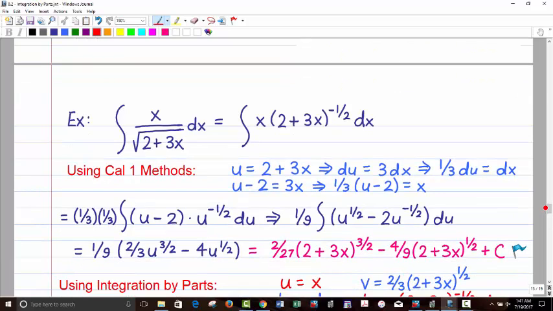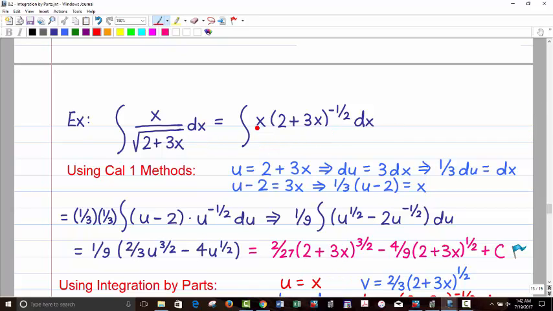Now, integration by parts can also work for algebraic types of functions. Ironically, this doesn't have to be done by parts like the other ones. There's a technique that I showed in Cal 1 where this could be done without integration by parts, mainly because we hadn't learned it in Cal 1.